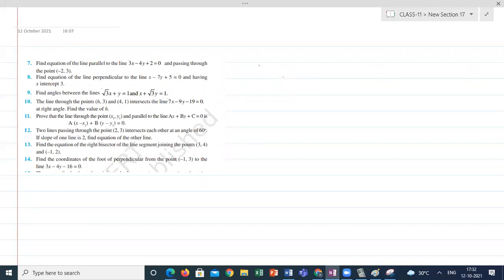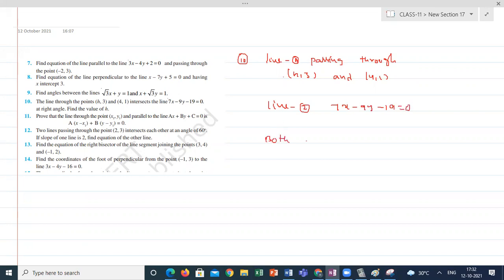There are two lines. Line 1 passing through (h, 3) and (4, 1). Line 2: 7x minus 9y minus 19 is equal to 0. Both are perpendicular.